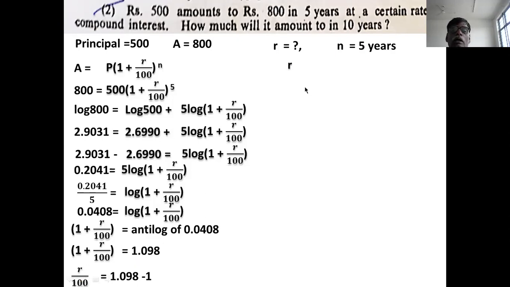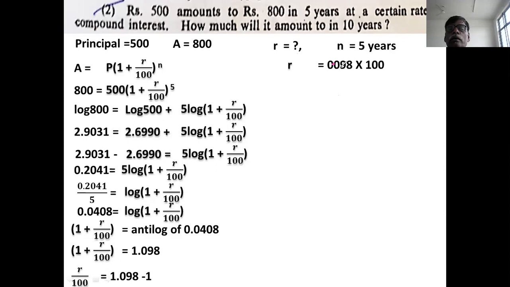I forgot to give the decimal point, so you give the decimal point here.